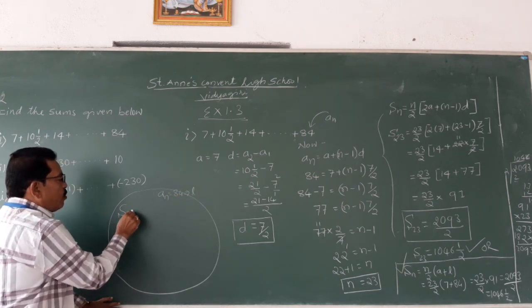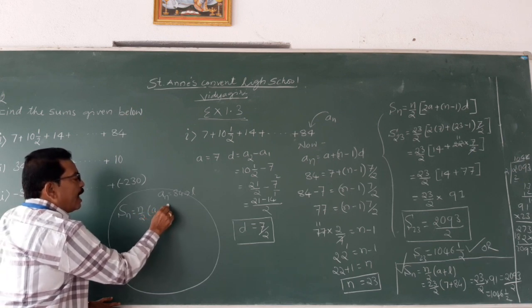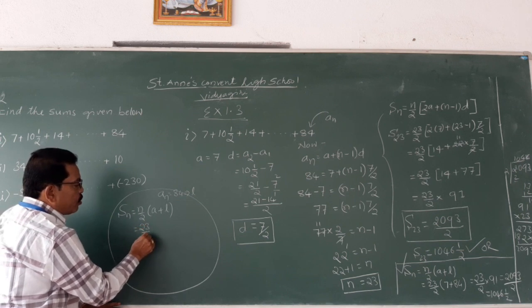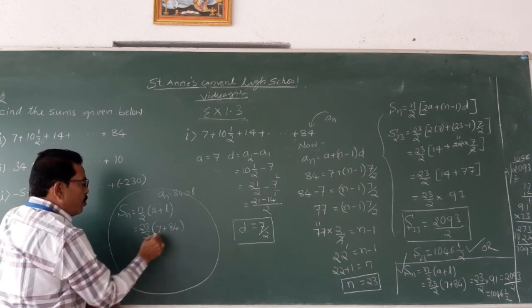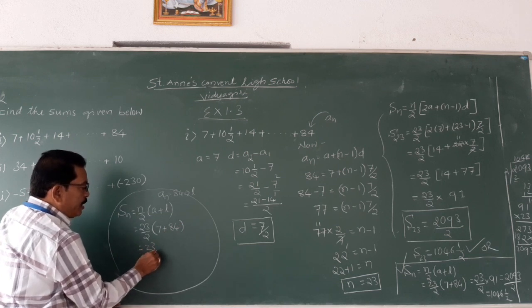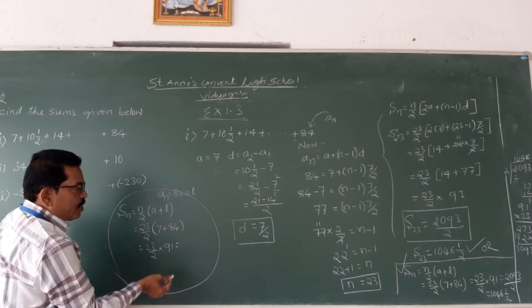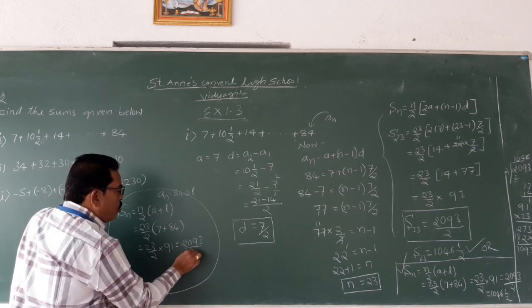So Sn equals n by 2 when the last term is given, a plus l. n is 23, so 23 by 2, a is 7 plus 84. We have 23 by 2 into 91. We will get 2093 by 2.